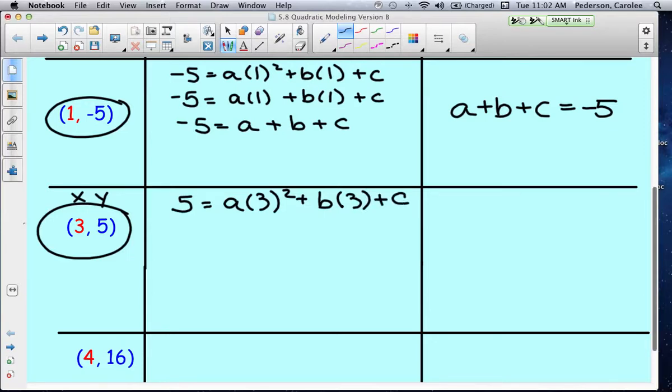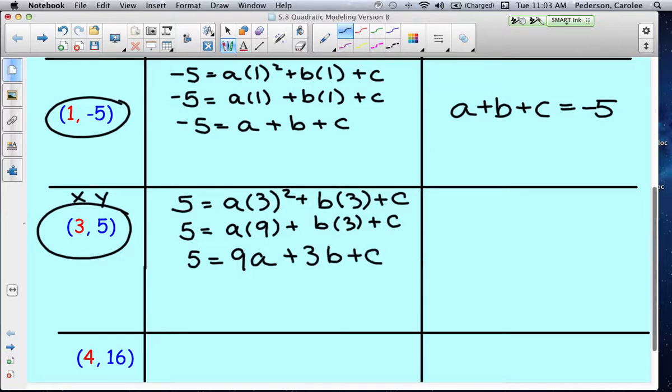Now I reduce it down. 3 times 3 is 9. And now 9 times a is 9a. 3 times b is 3b. And I'm just going to finish off this column in standard form. So I have 9a plus 3b plus c equals 5.